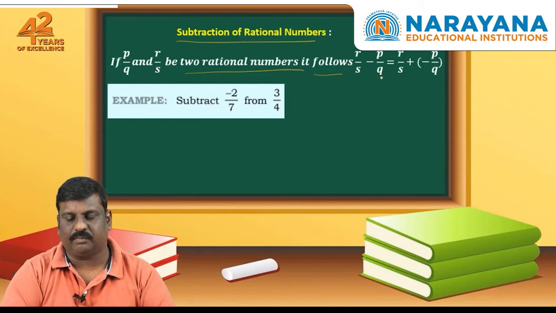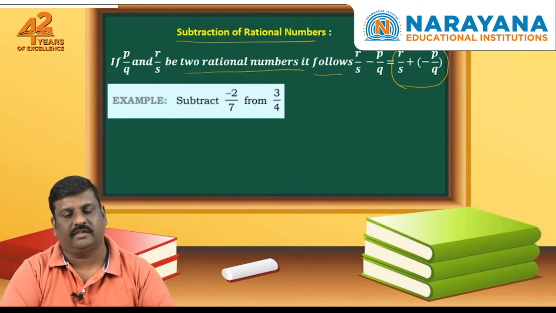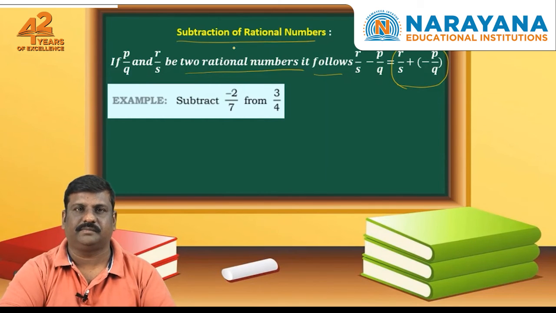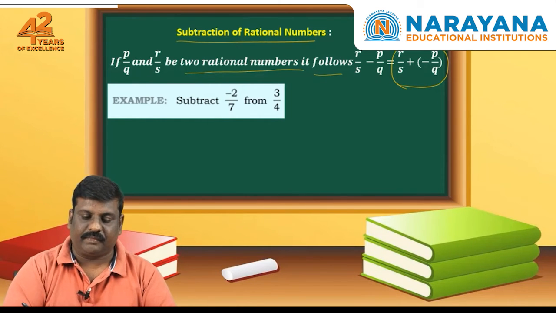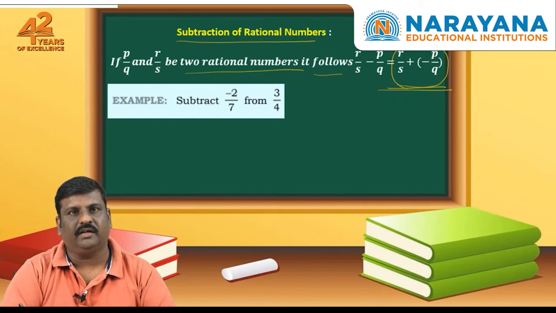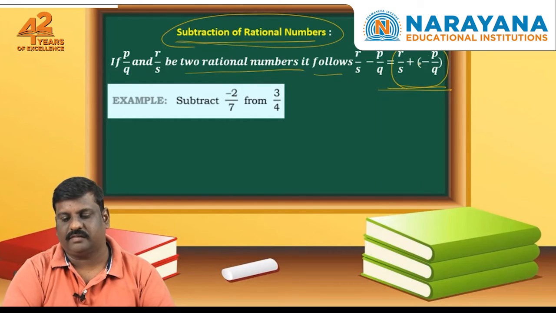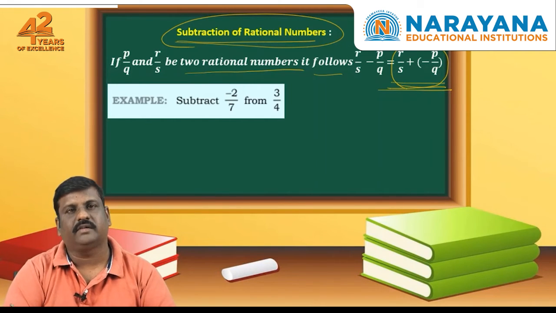So R by S minus P by Q is equal to R by S plus minus P by Q. It means here now the sum of the rational number and its additive inverse is called subtraction, right? So R by S plus minus P by Q, the additive inverse of the other, that becomes addition.